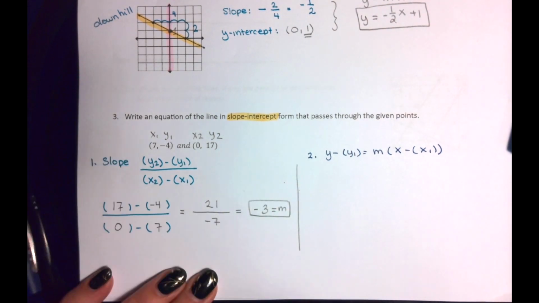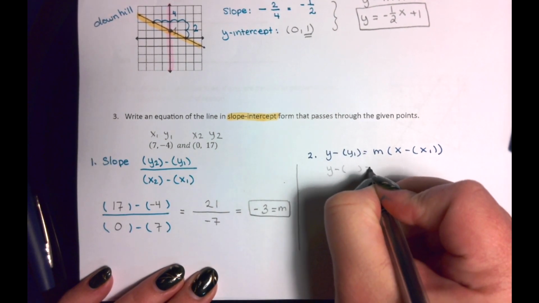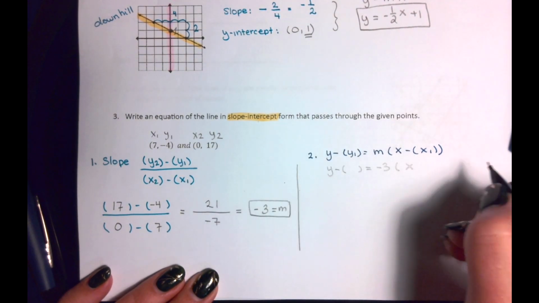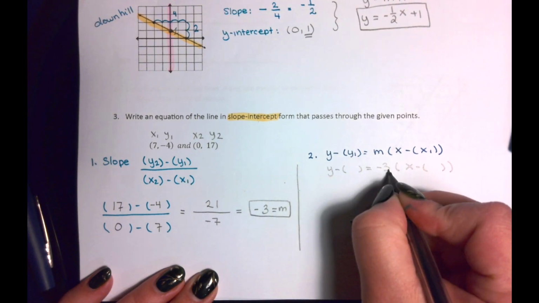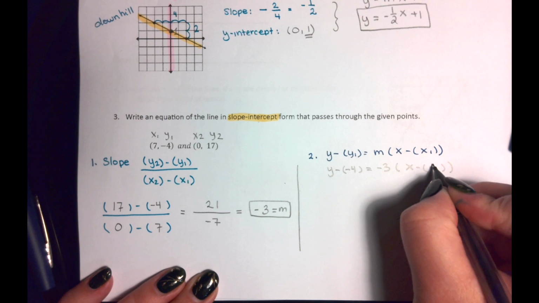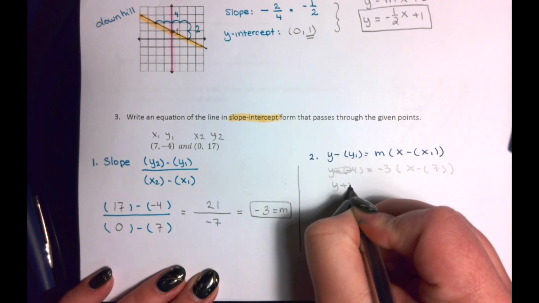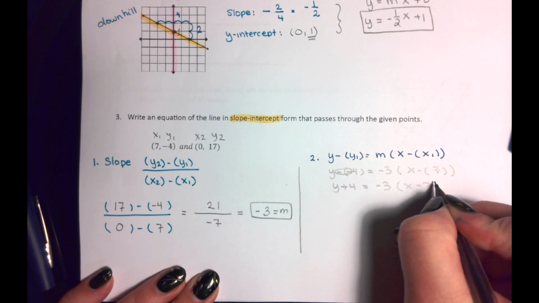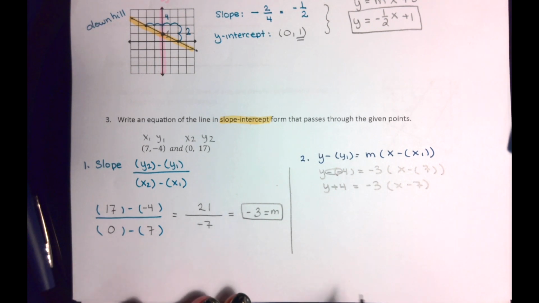Now we're using this point to start our equation, and then we're going to put it in the correct form, slope-intercept. So I already put in negative 3 for my m, y1 was negative 4, and x1 was 7. Simplify any double negatives that you have, making them into addition. This is not your answer. This is just in point slope form.